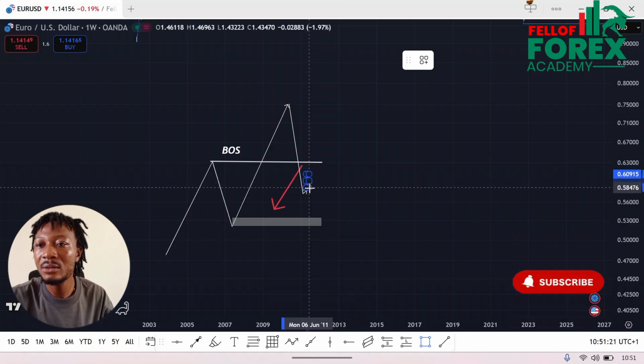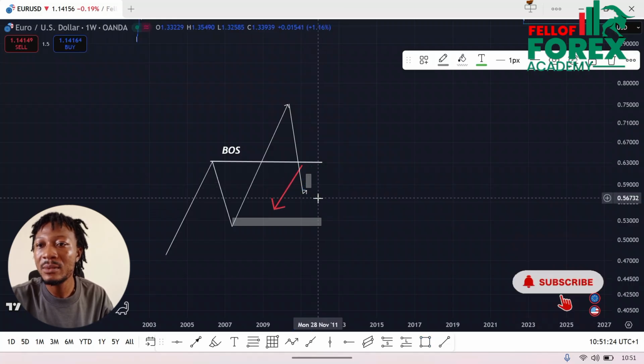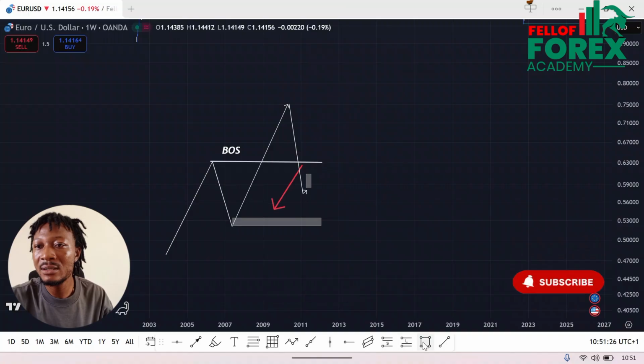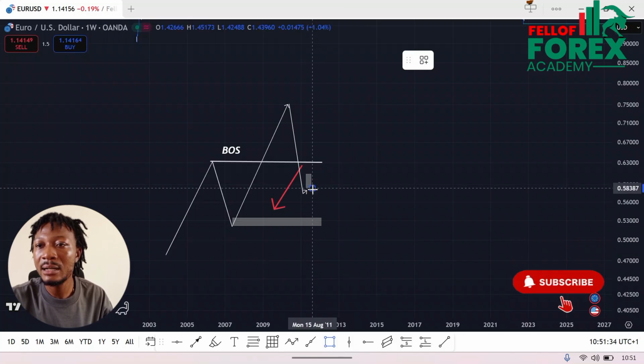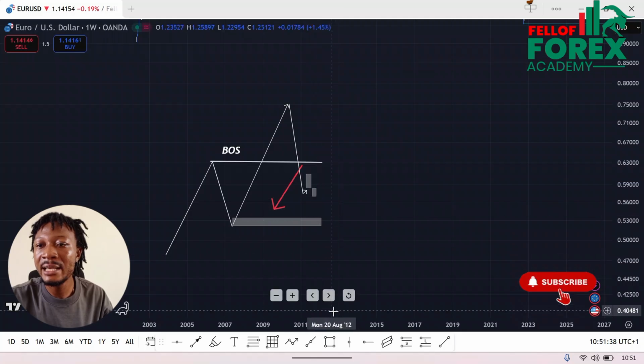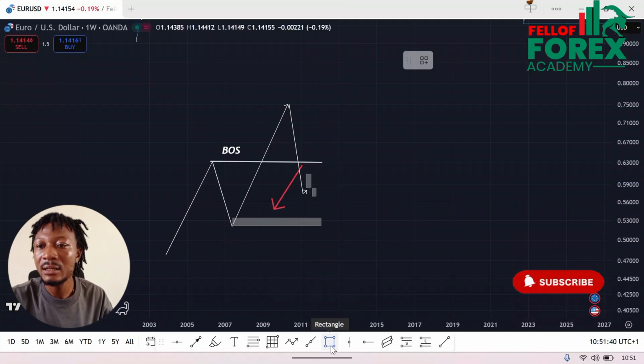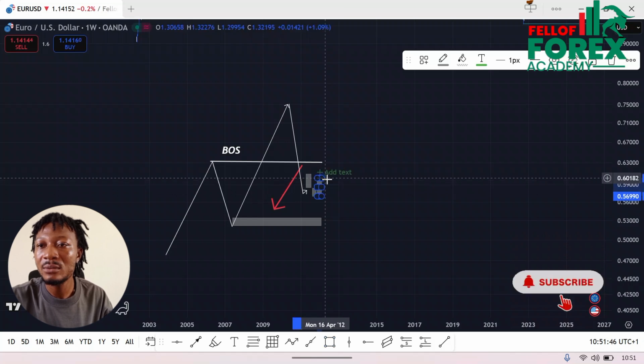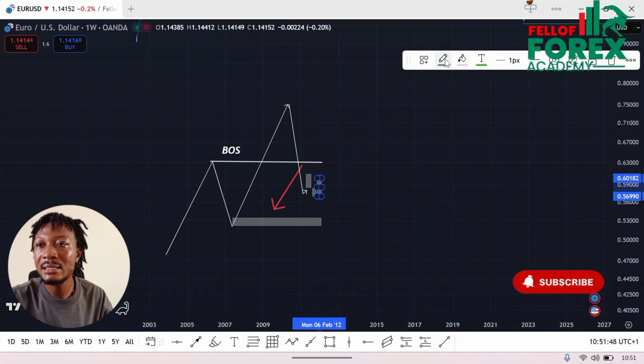We're coming down, creating small candlesticks coming down like this. And at a certain point, a giant candle popped up and swallowed your candle like this.